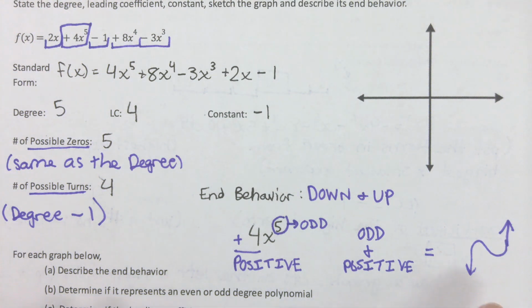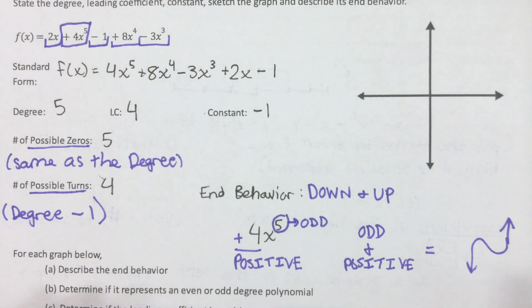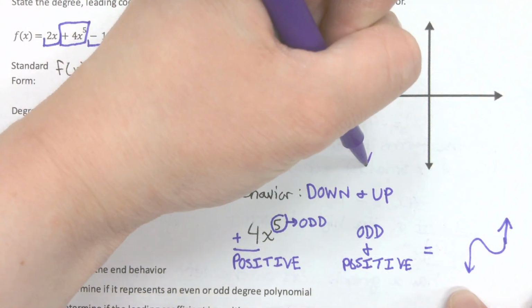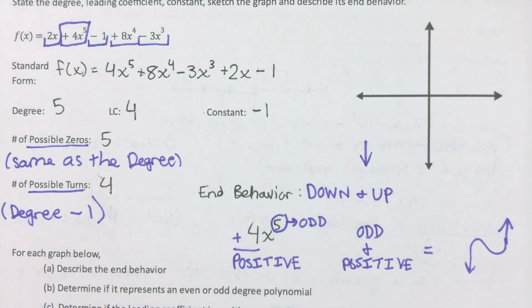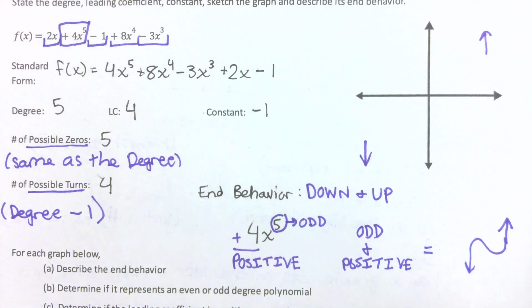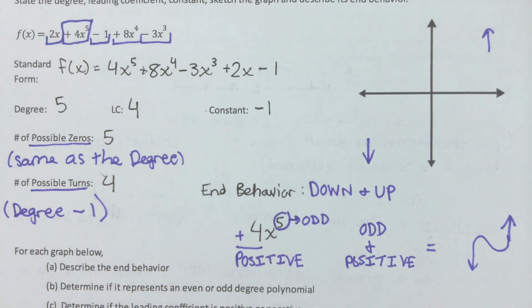First thing I'm going to graph is the end behavior, the arrows where they're going. We have the left side ends down, so the start of the graph is down, and then the graph ends on the right side going up. And then we have to figure out what the curve's going to look like from there. A couple more details that I haven't really talked about yet.